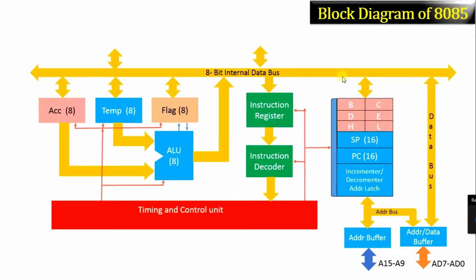Now this much circuit is able to read or fetch the instruction from memory, decode it and generate timing and control signals according to the instruction, and now this block is capable of performing any operation on the basis of the given instruction.